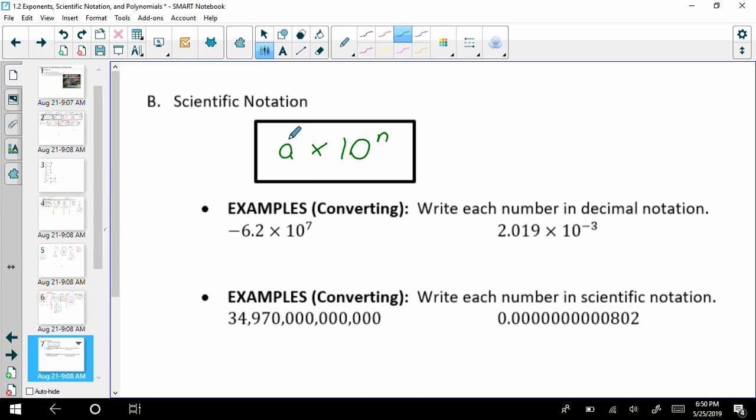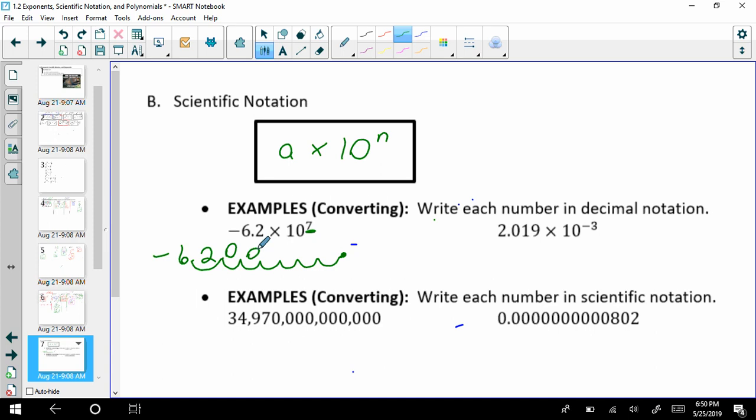So write each number in decimal notation. All this is saying is, hey, this number has a lot of decimal places. It has 7 of them. So all you're going to do is take your negative 6.2, and from the decimal, we are going positive 7. So 1, 2, 3, 4, 5, 6, 7.